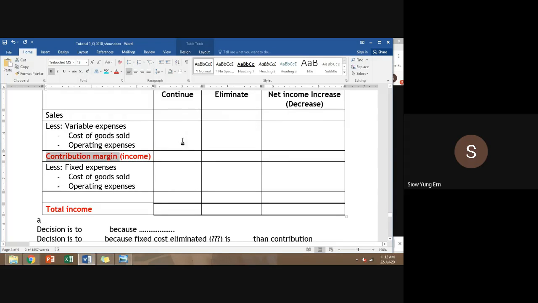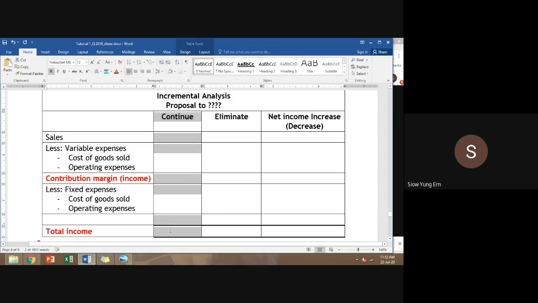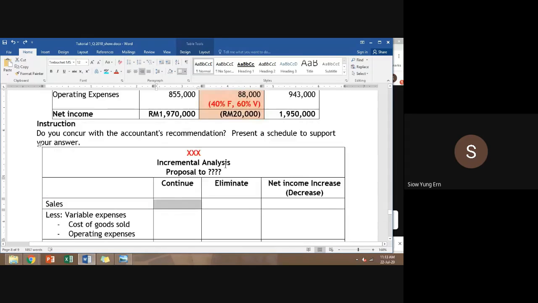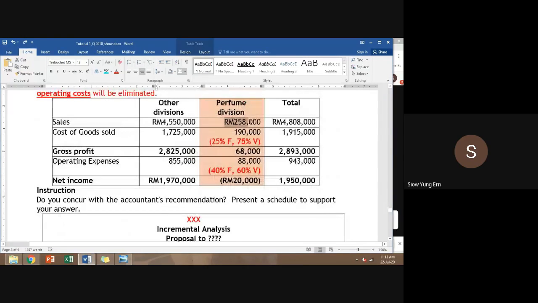Now let's do continue first. If you continue, what is your sales? We are talking about perfume only, correct? 258,000.